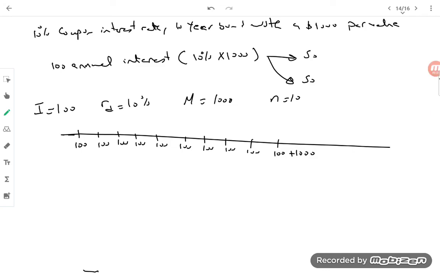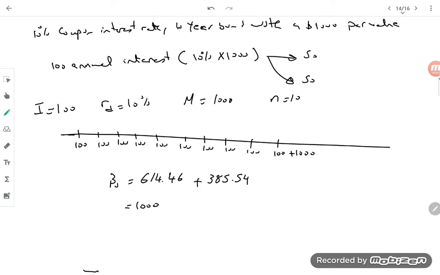So in this case, if you substitute in our formula, B0 equals I multiplied by the summation of 1 over (1 plus RD) to the power t, it will be $614.46, plus the second part, which is M multiplied by 1 over (1 plus RD) to the power n, it will be $385.54.